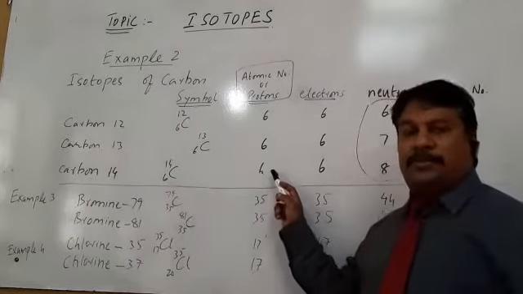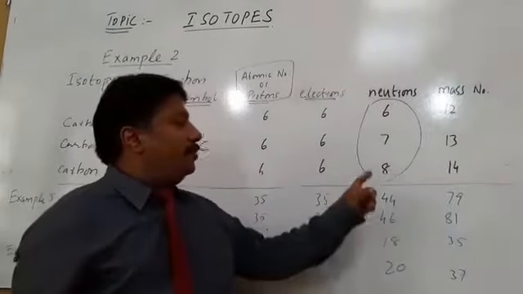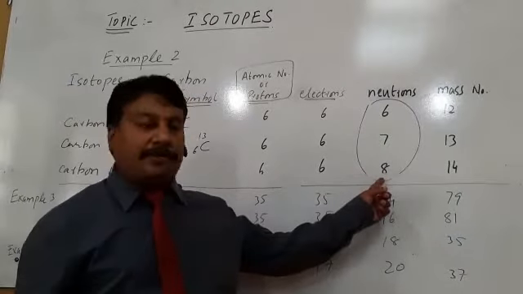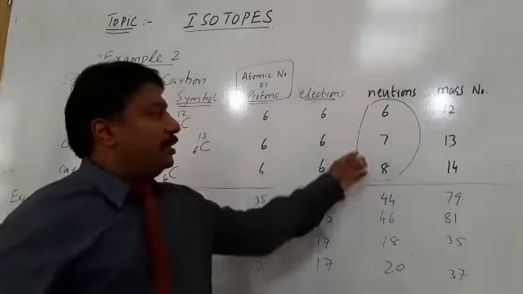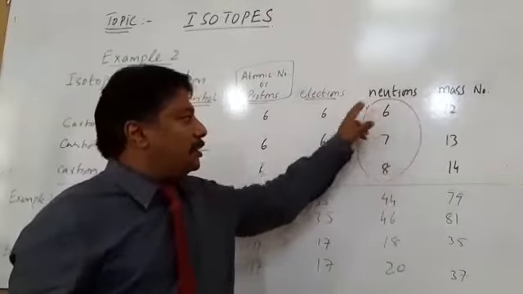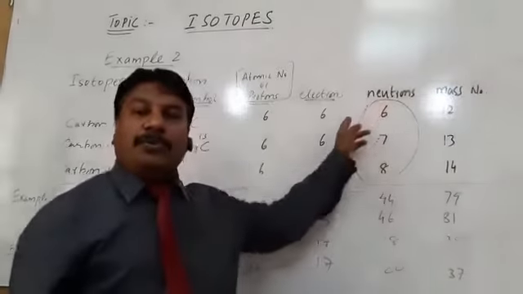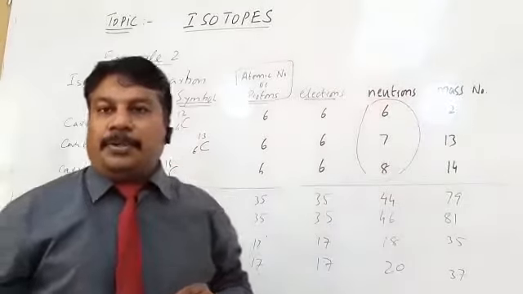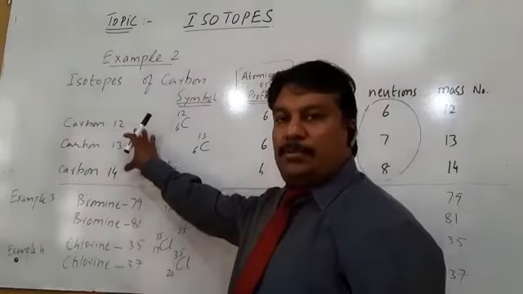It has 6 protons, 6 electrons, and the number of neutrons here is 8. Therefore, the mass number is 14. So you can see here in the isotopes of carbon that the mass number is changing because the number of neutrons is changing. So this is an example of carbon isotopes.